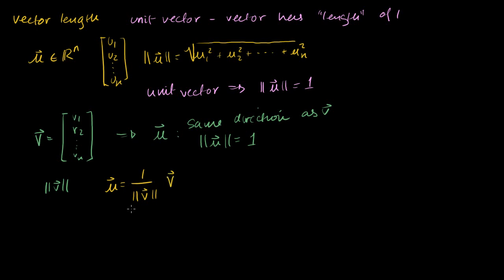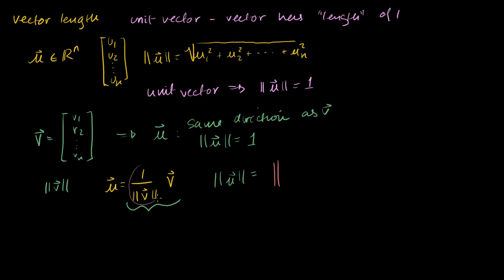What happens here? If I take the length of this thing right here, what do I get? So the length of u is equal to the length of this scalar times v.